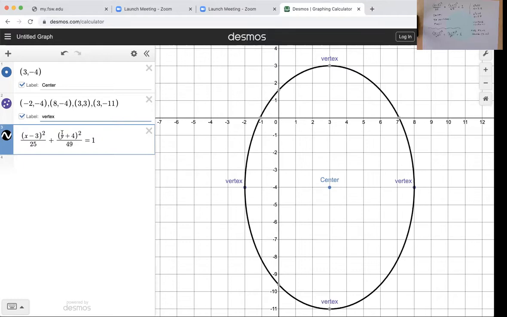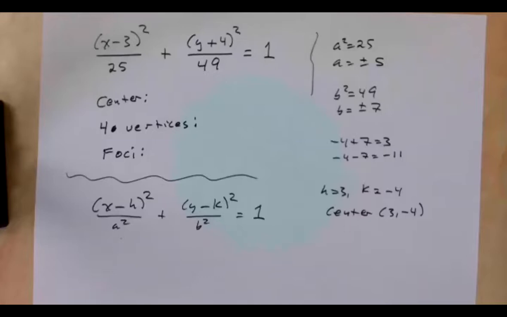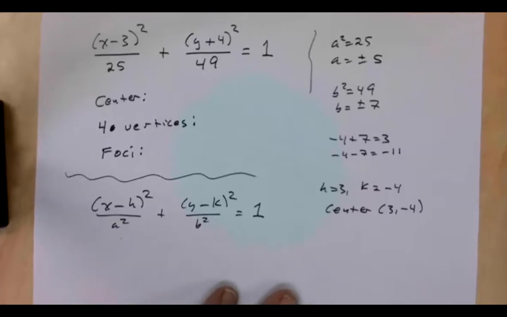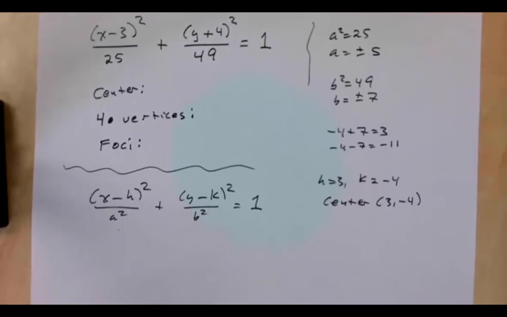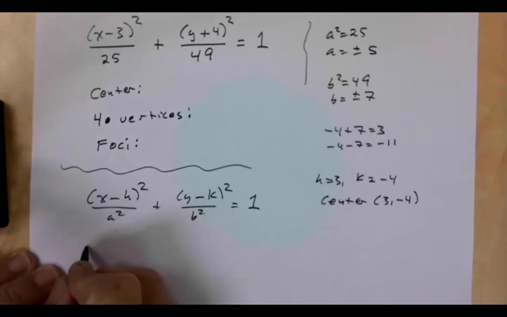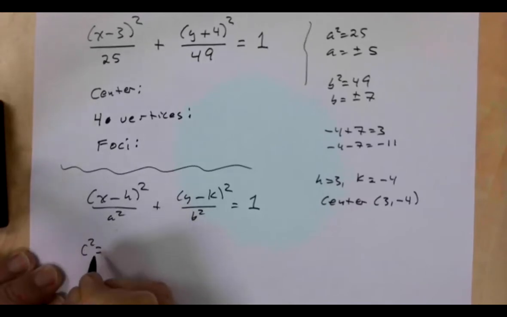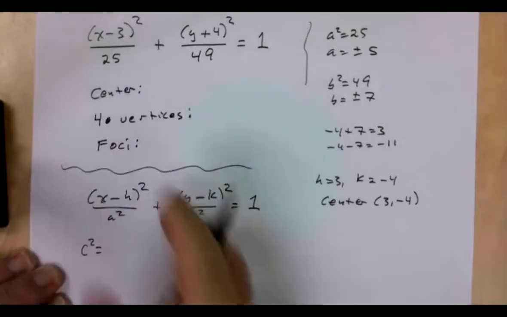And remember, the focuses lie on the major axis, the longer of these 2. So in this case, the longer of these 2 is the vertical component, the thing that is parallel to the y-axis. So let's go ahead and find our focuses. What's our rule there? C squared for an ellipse is the larger number minus the smaller number.